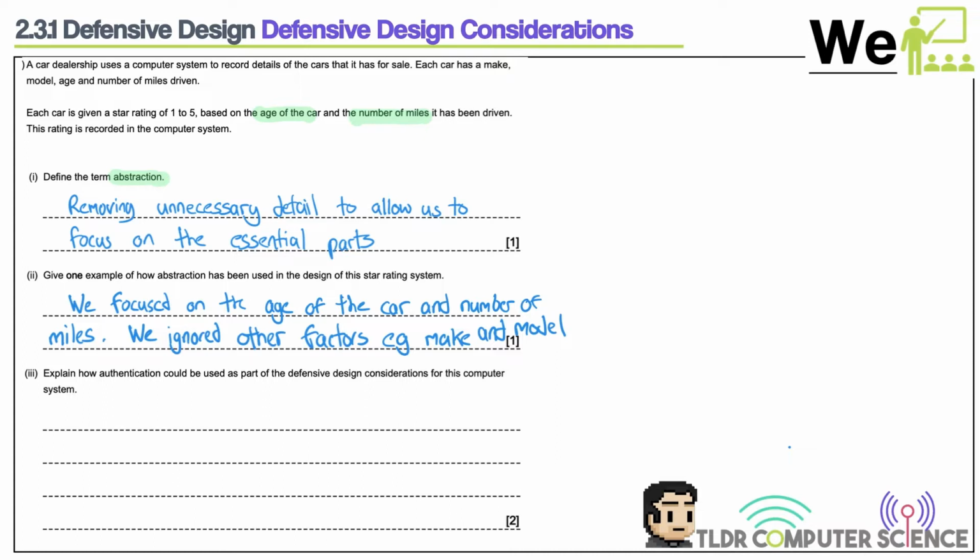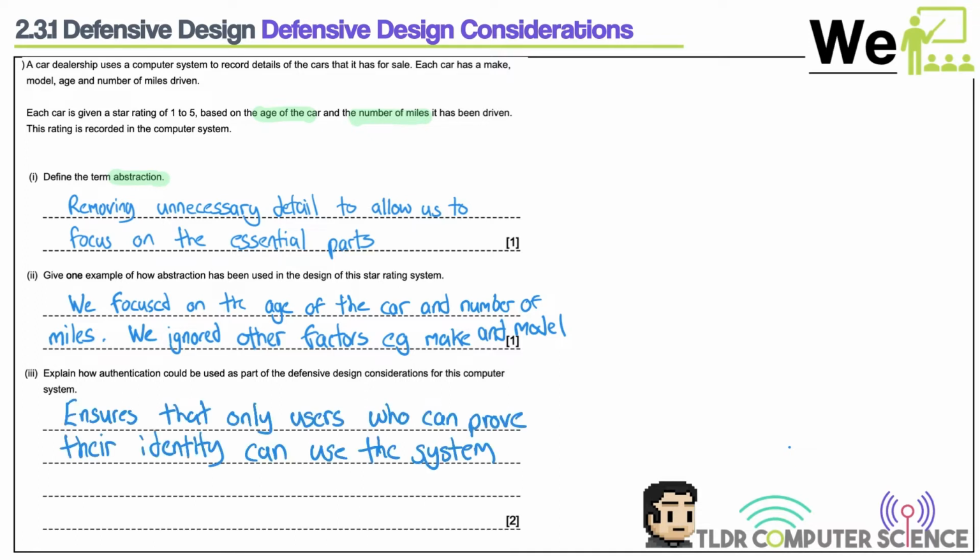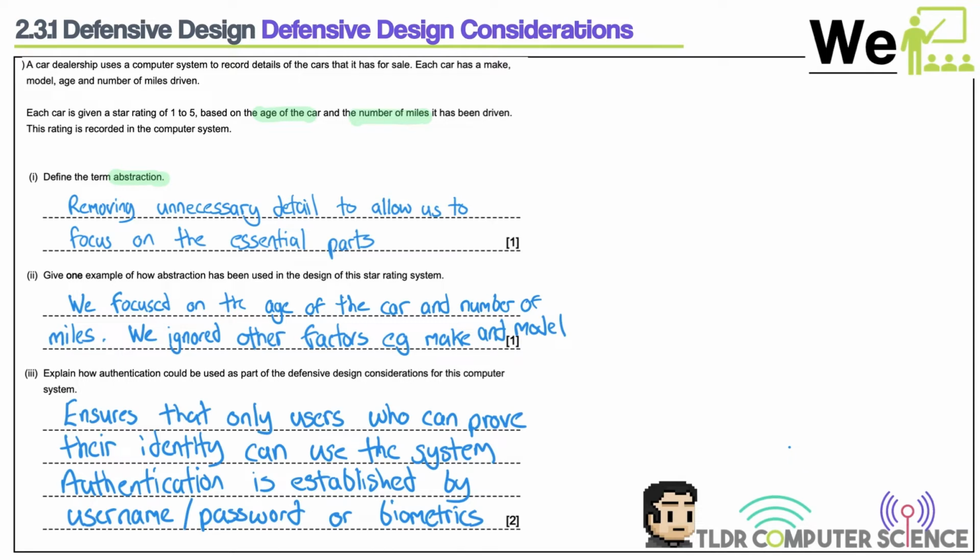We want to authenticate that the user is who they say they are. But how do these users prove their identity? And we now need to give an example. So for instance, that could be by using username and passwords, could be using biometrics. If you remember, biometrics is when you use something about yourself, such as your fingerprint, to identify yourself.